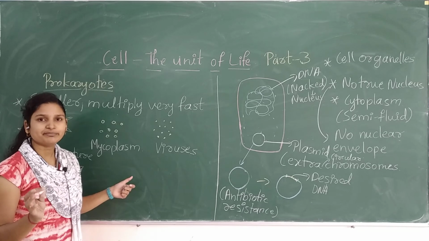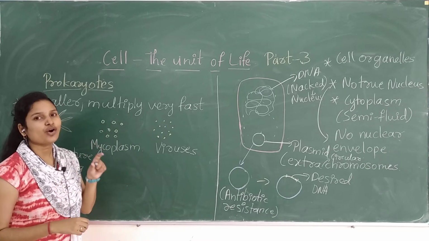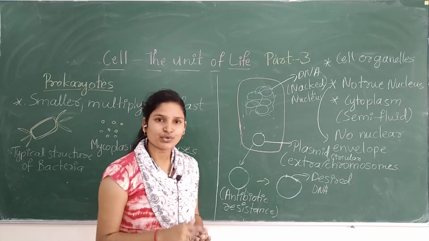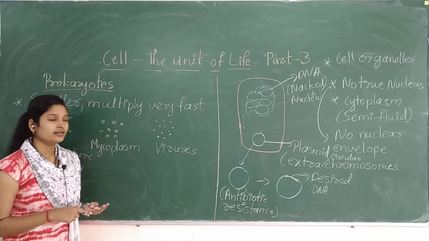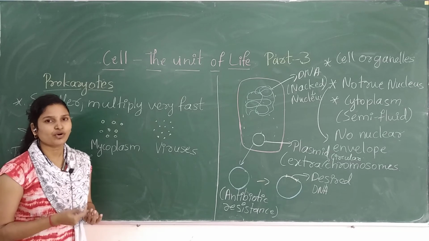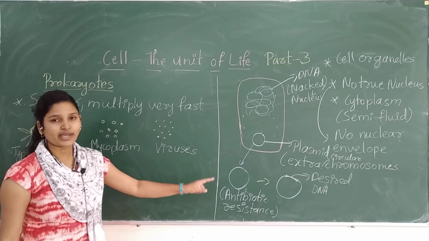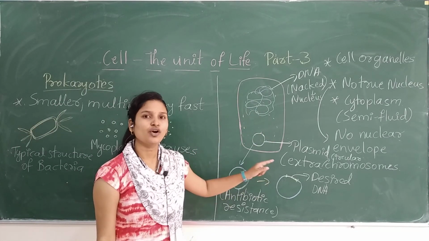If we want to call something a cell, it should have all the small cell organelles. It may be mitochondria, a nucleus, a ribosome, or any other cellular organelle. Endoplasmic reticulum, Golgi, everything should be there. So I am asking, in prokaryotes will all those cell organelles be present or absent?